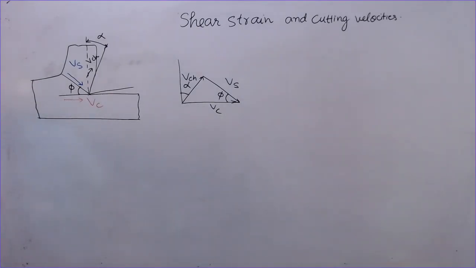So these three velocities are represented by three sides of a triangle.